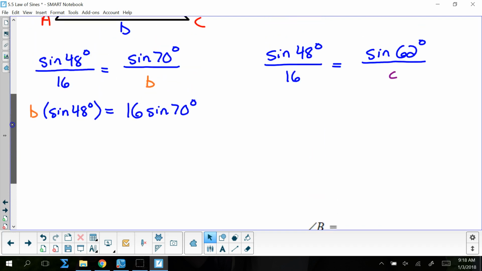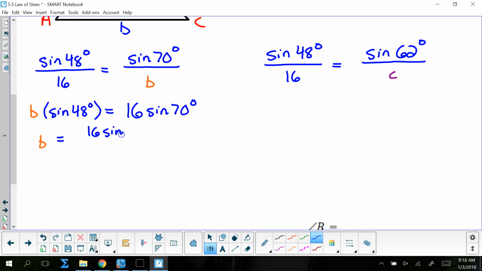And then B here would equal 16 sine of 70 degrees all over the sine of 48 degrees.